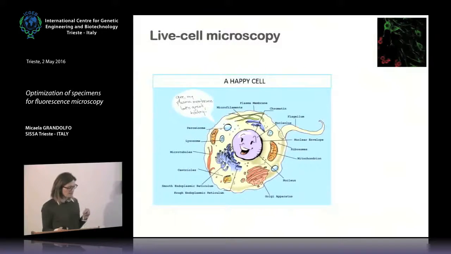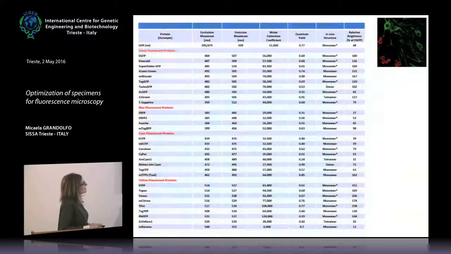Because remember that in live cell imaging, every decision in the process you are building up impacts the final results. So it is very, very crucial how you take care of the health of your tissues and cells.